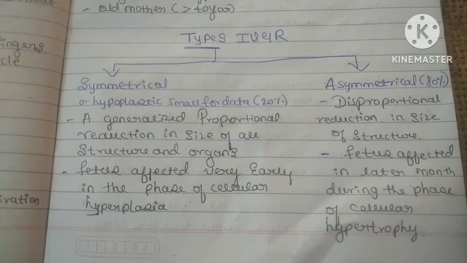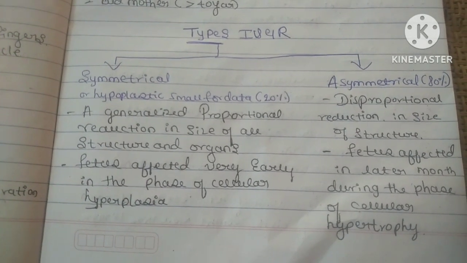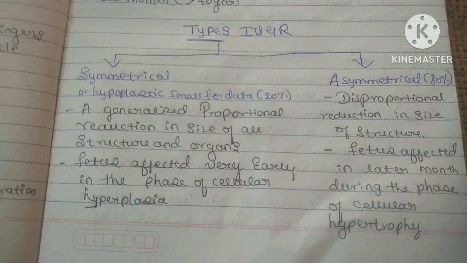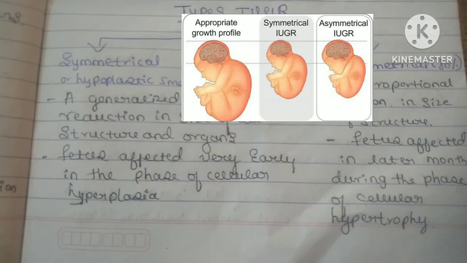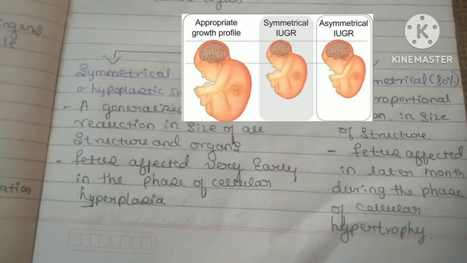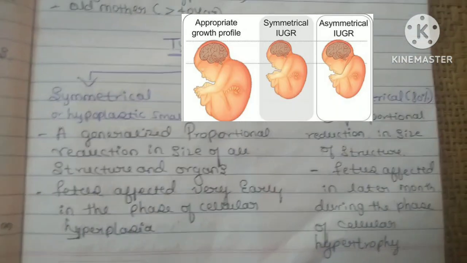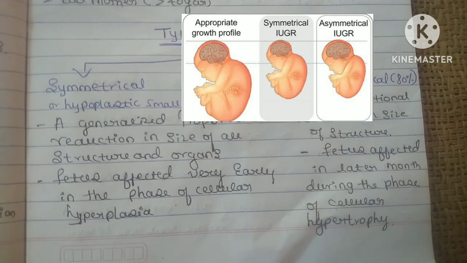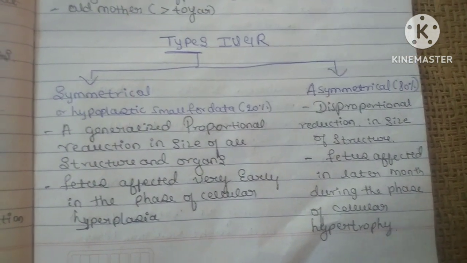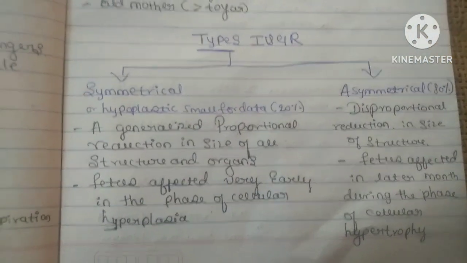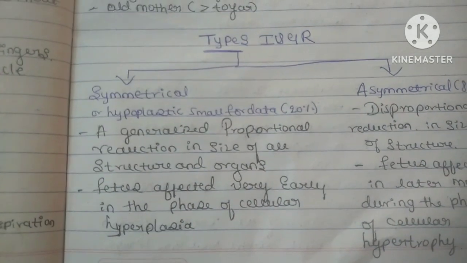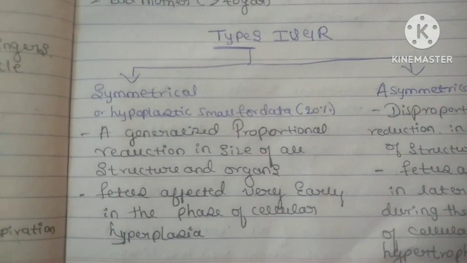Next are the types of intrauterine growth retardation: symmetric and asymmetric. You can see in the picture. First, symmetric, also called hypoplastic small for date.